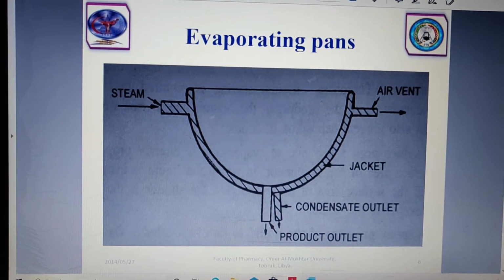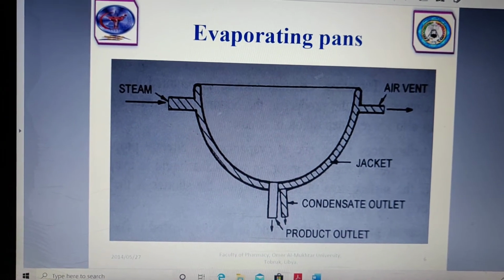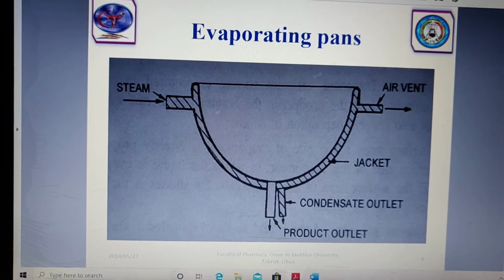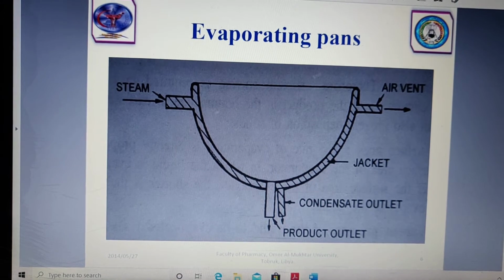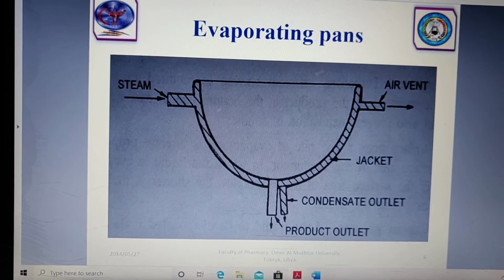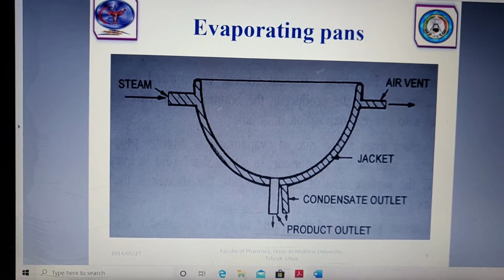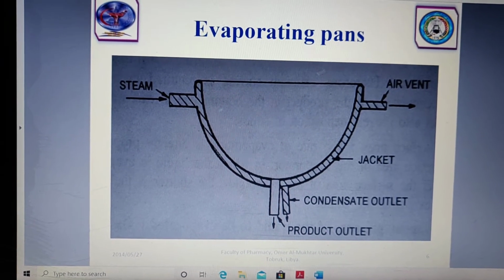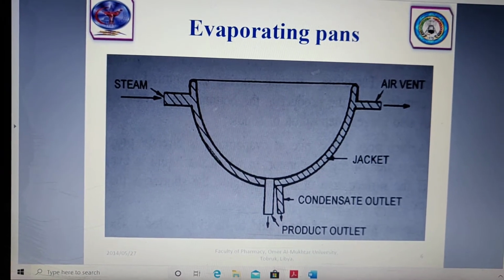But here you can remember for the principle that steam passes from the jacket to the kettle towards the aqueous extracts by the process of convection or conduction, through which, due to heat and temperature increase, the solvent, generally water, gets evaporated and your extract becomes dry.